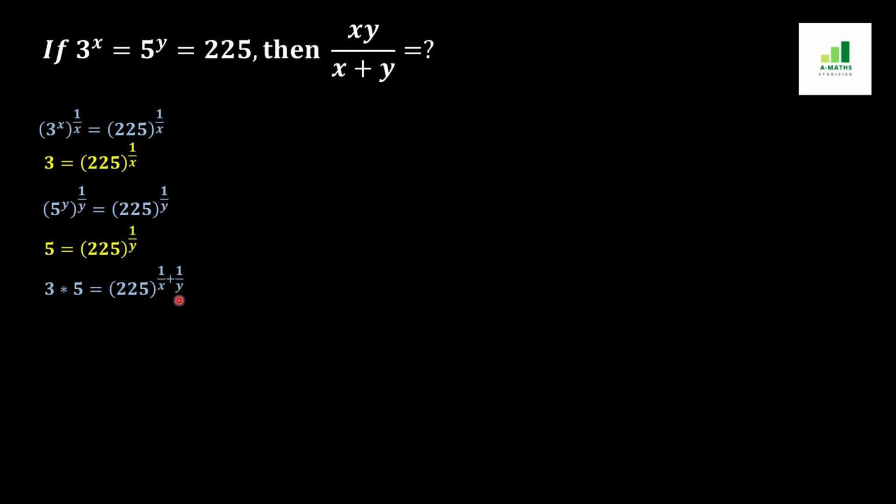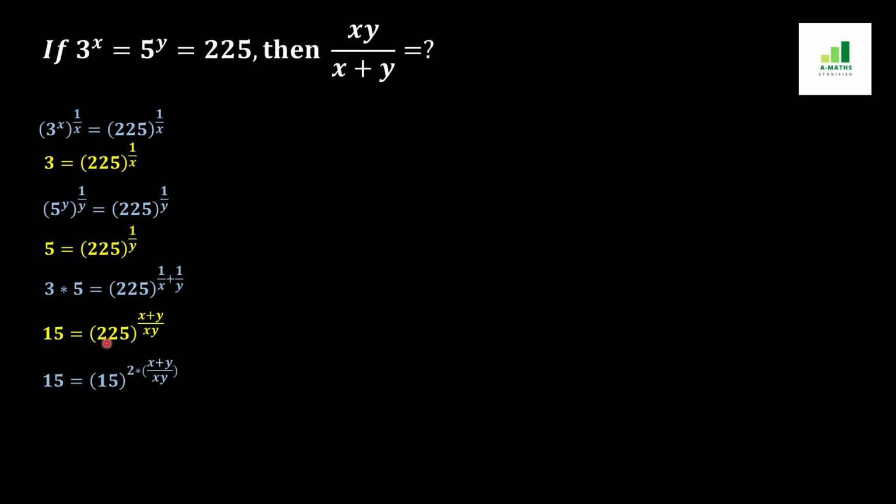Now 3 into 5 is equal to 15, and we will simplify this expression, after taking the LCM, as x plus y over xy. Now we know very well 225 is the square of 15.